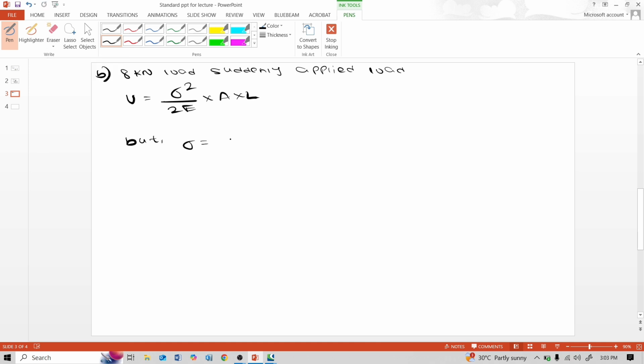The stress for suddenly applied load is 2 times P upon A, that is 2 multiplied by 8 into 10 raised to 3 divided by area 173.21, which is 92.37 Newton per mm square.